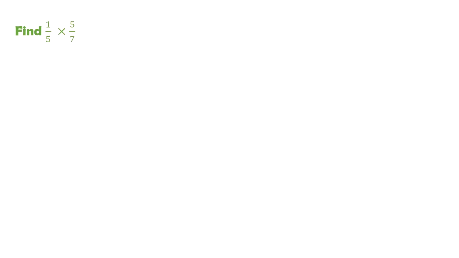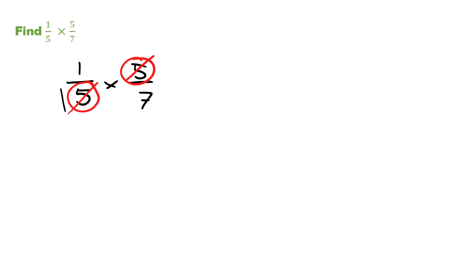So here's another one we're going to do, except this time it looks like we can do some simplifications first. So if I write 1 over 5 times 5 over 7, if you have the same numbers here and here, they can cancel out and be left with 1. Alright, at this point we could do our normal, so 1 there and times in here.